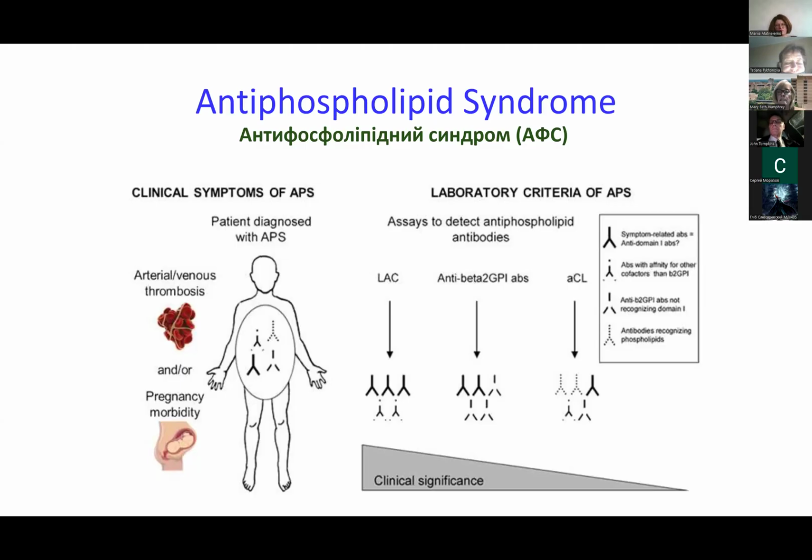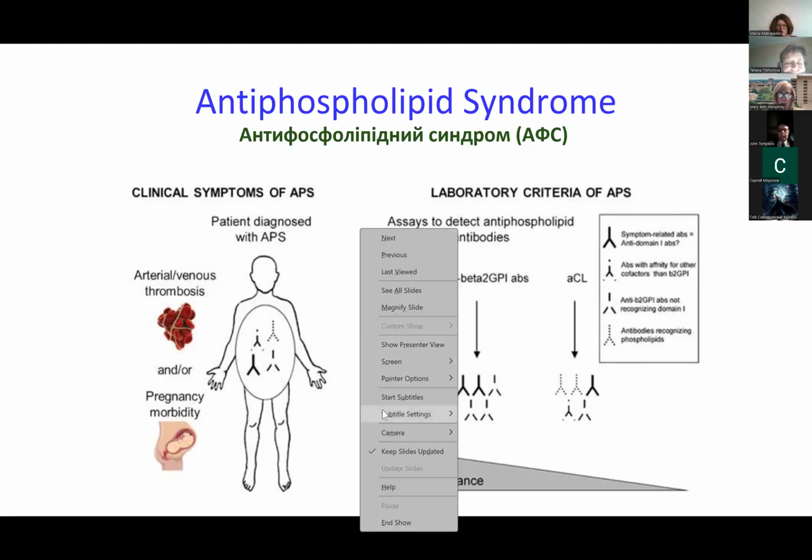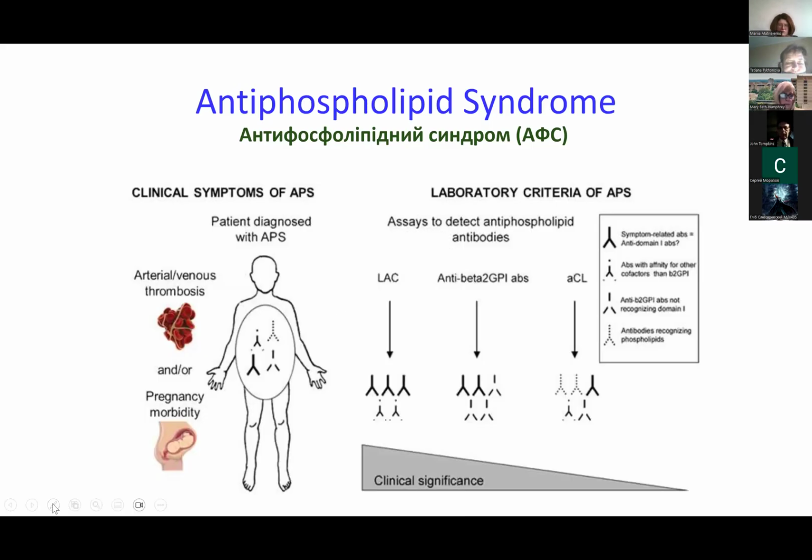antiphospholipid antibodies. There's lupus anticoagulant, which is a very specific antibody, and we'll talk in more detail about it, but it has a very high rate of having these complications.